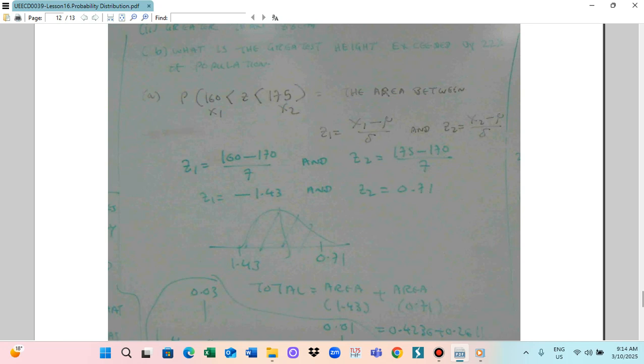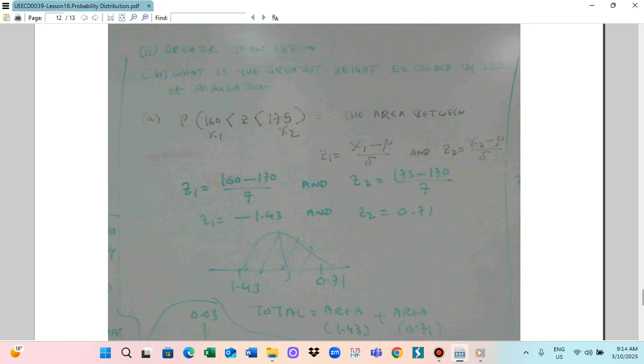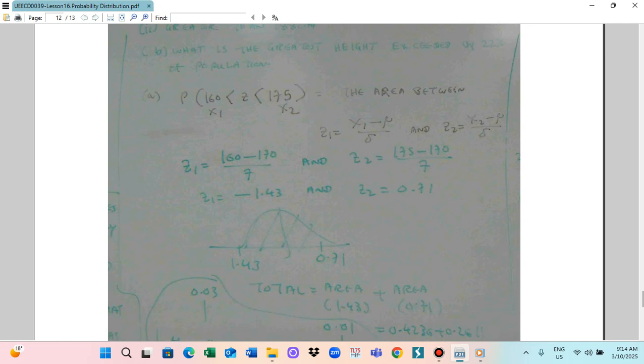Firstly, we have to calculate the probability of 160 to 175 centimeters. So P, where 160 is the minimum, lies between 160 and 175.